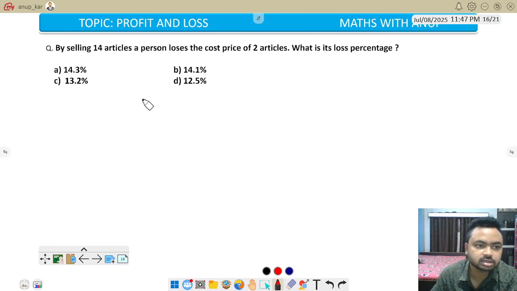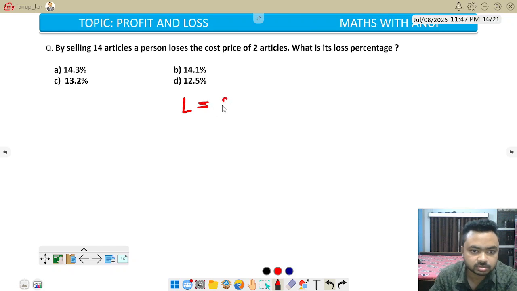Here there are two types of questions. I have taken two types of examples. First question is, by selling 14 articles, a person loses the cost price of 2 articles. So the person loses an amount equivalent to the cost price of 2 articles.